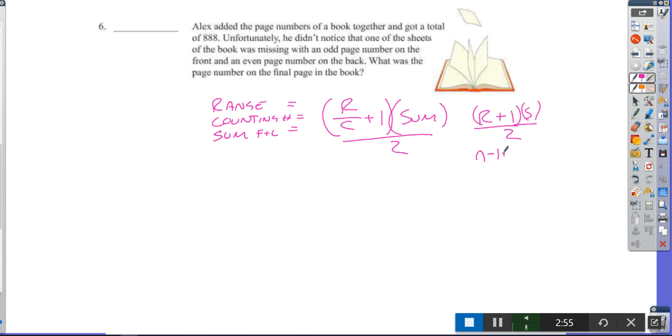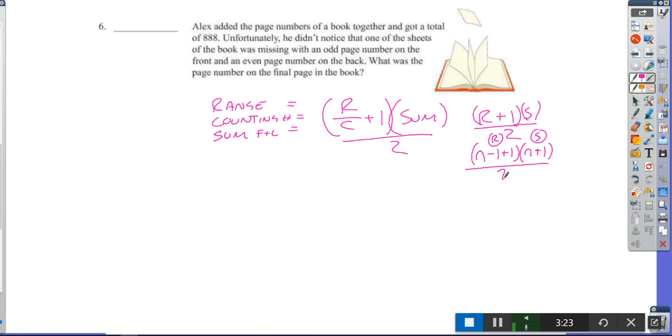But wait a second, we still have the plus 1. The sum is always going to be the largest number plus the smallest number, and the smallest number in this case is always going to be 1, so the sum will be n plus 1. The range in this case is n minus 1 plus 1, which is just equal to n.